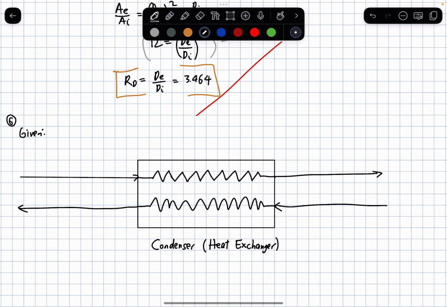Okay, so a condenser or heat exchanger brings 1 kilogram per second, a mass flow rate at 10 kPa, from 300 degrees Celsius to saturated liquid at 10 kPa.